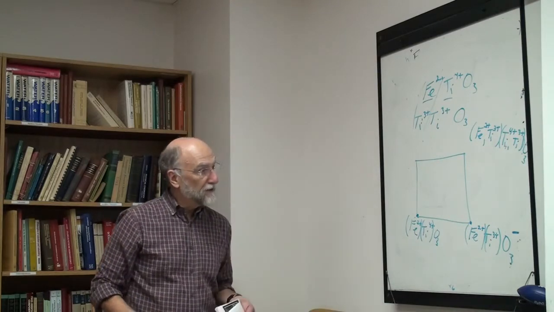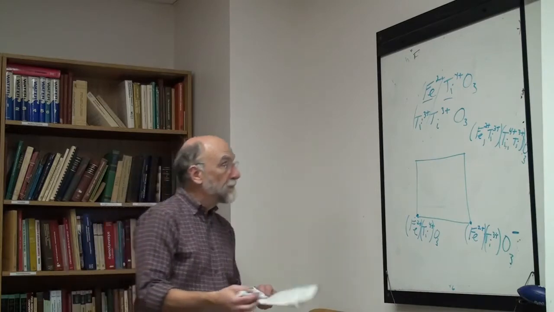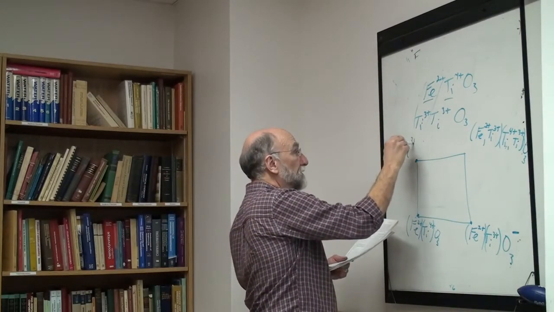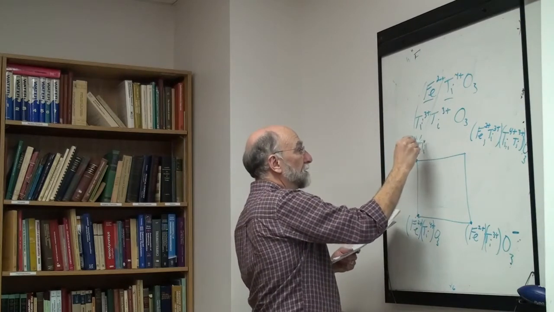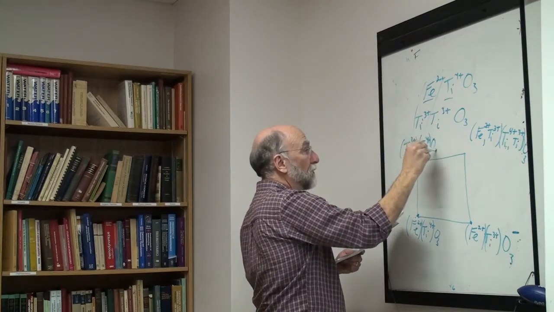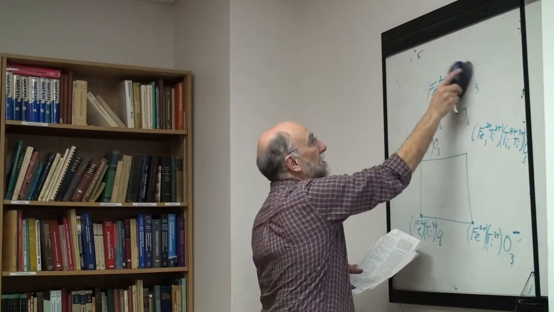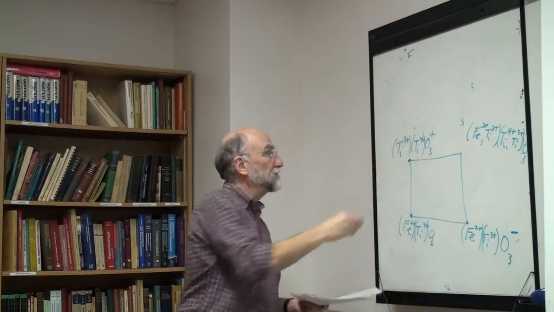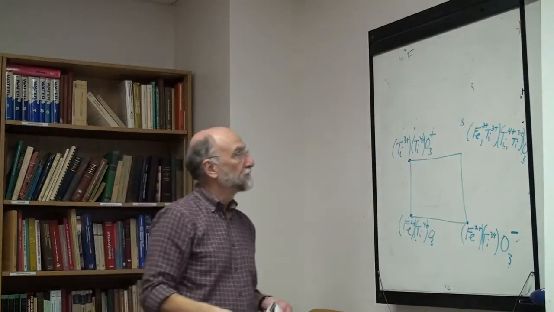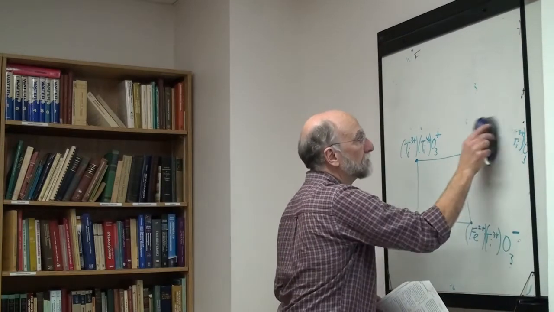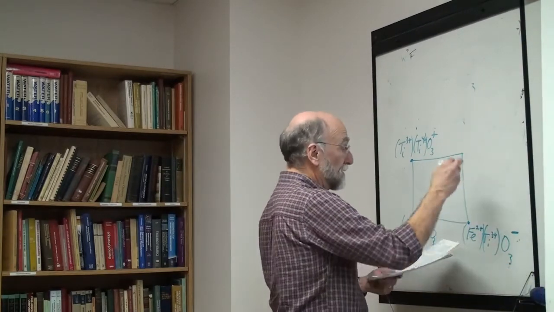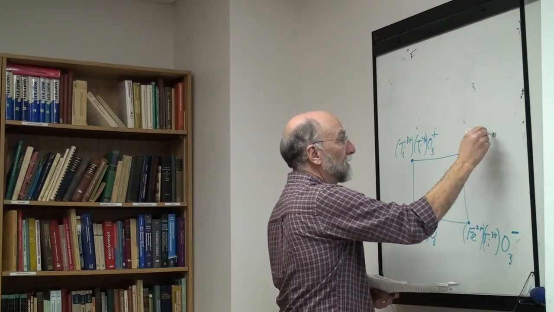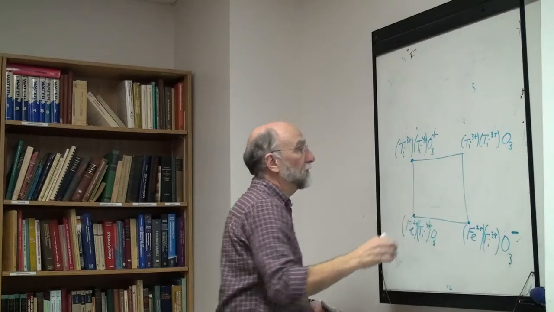This is FeTiO3 minus. Up here you have another pair, which is Ti3+, Ti4+, O3, and that has a net positive charge: 7 positive charges, 6 negative charges. And over here you have Ti3+, Ti3+, O3, and that one happens to be neutral.